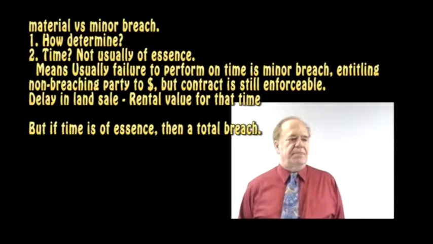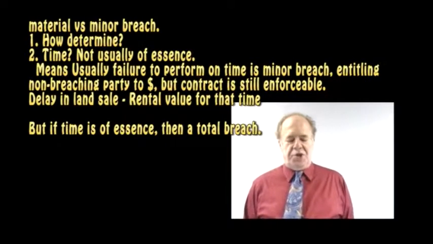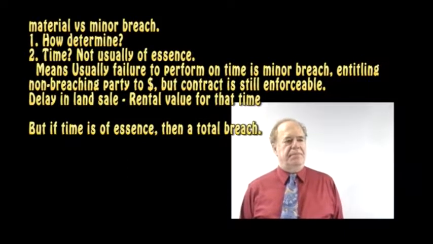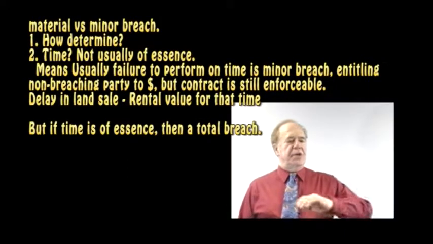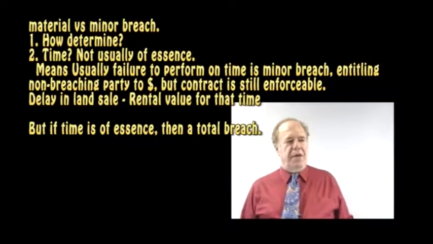Timely performance. If a contract says, "I will paint your house and will be finished by July the 5th," and it's July 6th and I'm not done, is that a material breach so that you can treat it as a total breach of contract, go hire a substitute, and so forth?